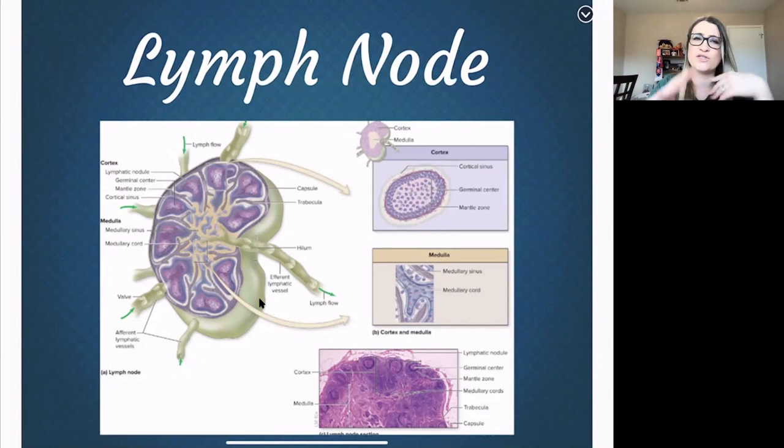If you recall, when we talked about the composition of blood, you have erythrocytes, you have the buffy coat, and you have plasma. The buffy coat is where you found your immune cells, your leukocytes. It was a very small portion of blood, about 1% or less of whole blood. And that's normal.